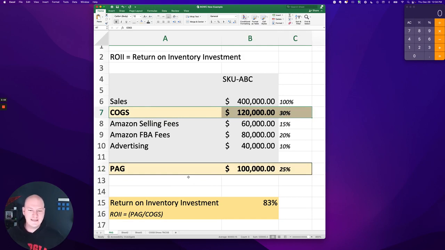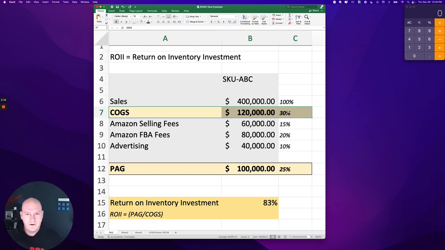On the YouTube, you can see that profit for this period was $100,000. And to generate that $100,000 profit, we needed $120,000 in cost of goods sold. $100,000 in profit divided by $120,000 gives me an ROII of 83%.